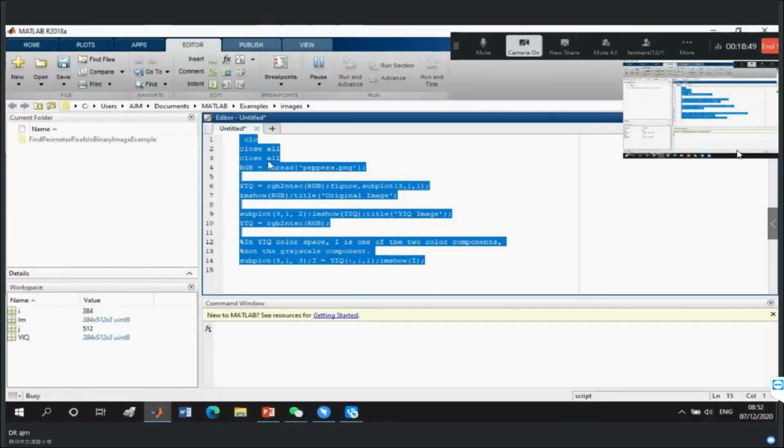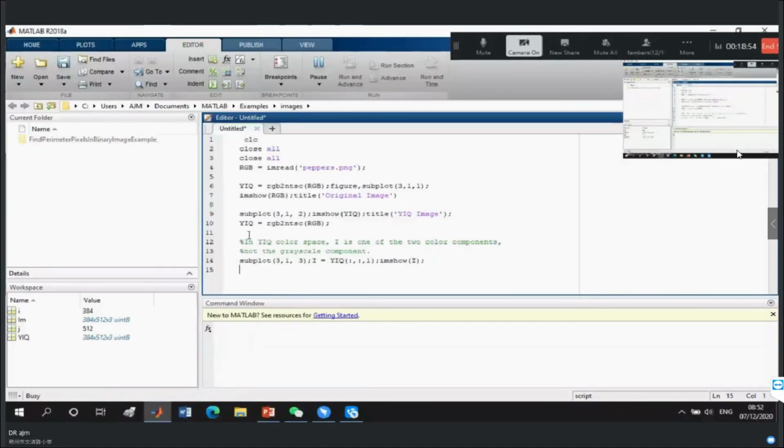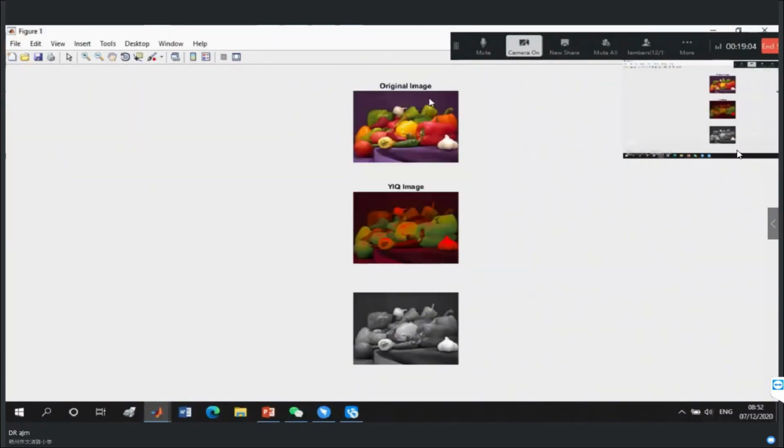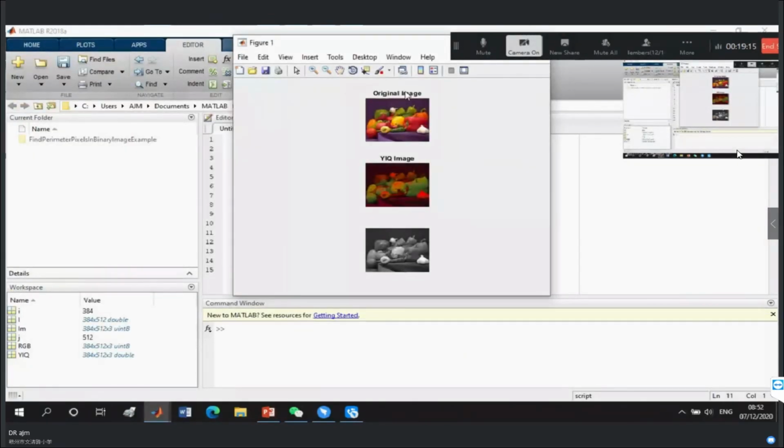Let us run it. Yes, original image, YIQ image, and also NTSC, which are represented in this image, and you can see the difference between RGB and the final product of the code here.